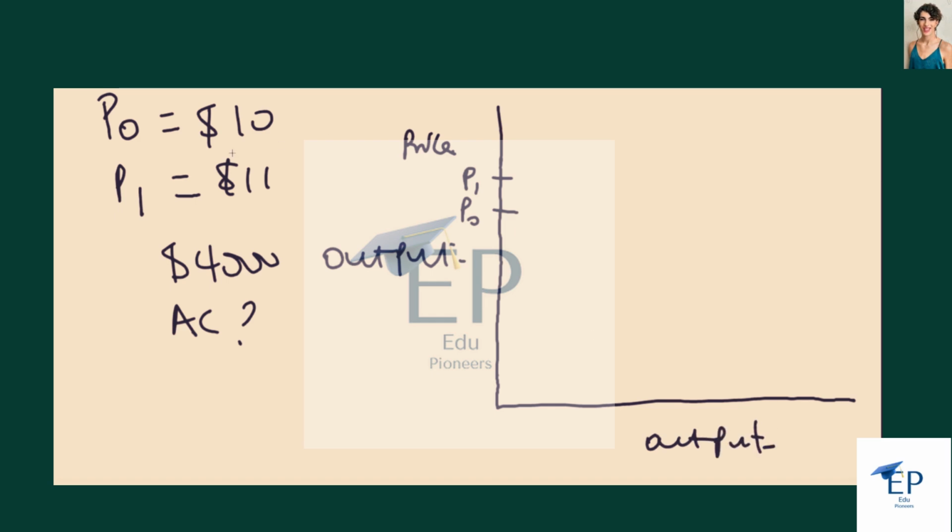So basically we're gonna have 4,000 over here. 4,000, 6,000.